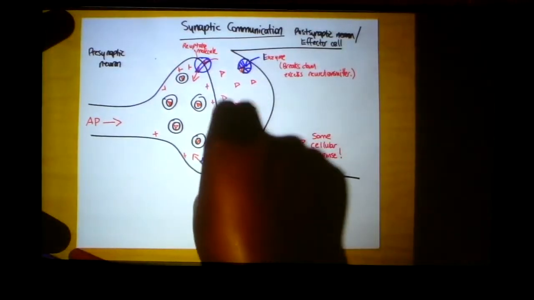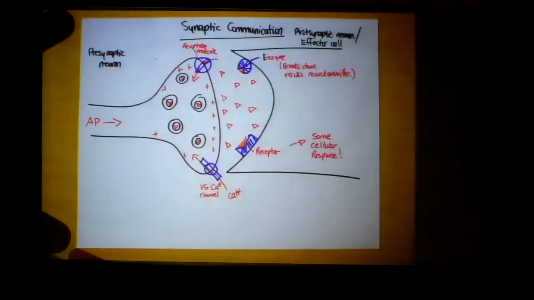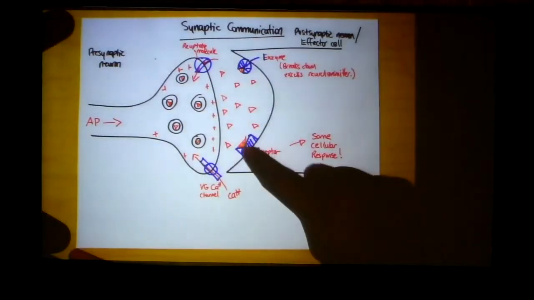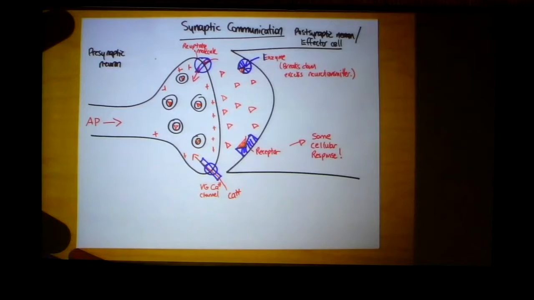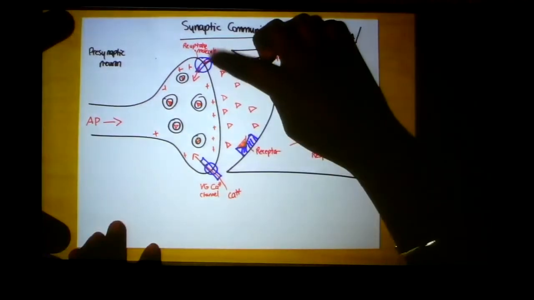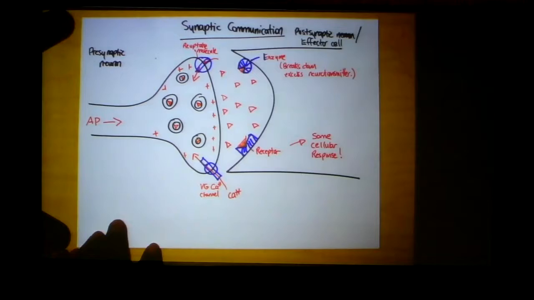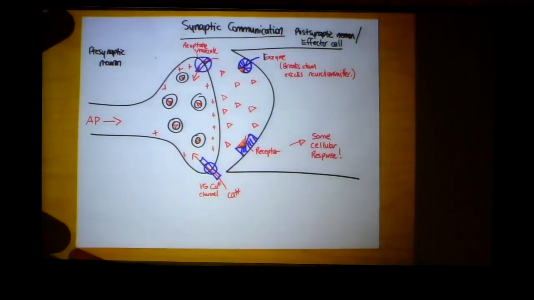If neurotransmitter lingers at this junction, we will continue to propagate the signal because it will continue to bind to this receptor and it will continue to bring about cellular response. That's not what we want. The reuptake molecule? Yep, it just brings them back into the membrane, puts them into a new vesicle, and sends them to the cleft again so that they can be exocytosed.